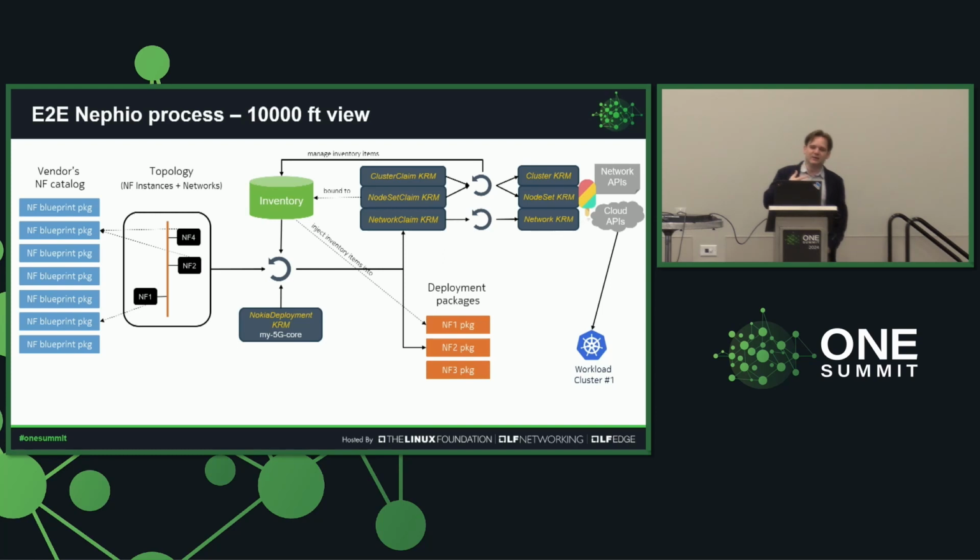I do it in a Nephio way, and that is that basically I take the corresponding network function blueprints, clone it, and specialize it. And by specializing, I mean that I will turn them into so-called deployment packages that will contain configuration that is specific for that particular 5G core instance. And more importantly, it will contain configuration that is specific to the target cloud, to the target Kubernetes cluster, and to the target node groups that the network function will be deployed.